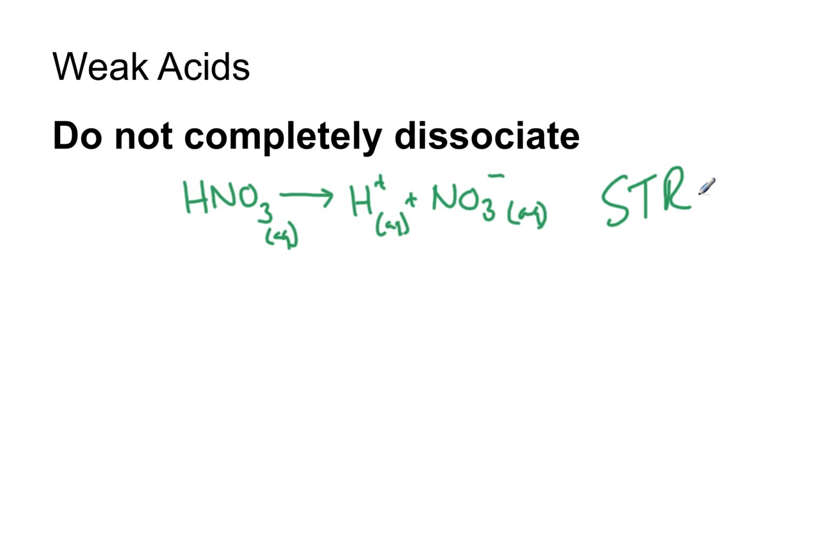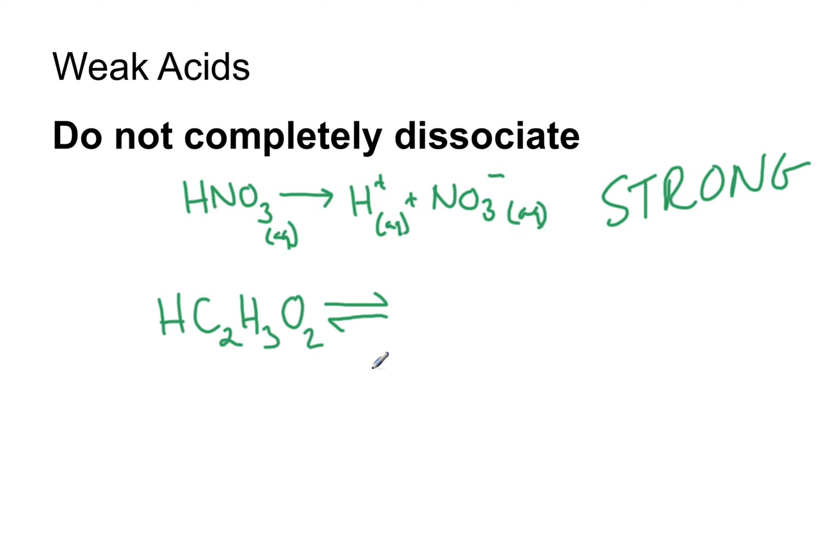However, something like acetic acid, which is the primary component of vinegar, HC2H3O2, is a weak acid, meaning that it is an equilibrium system between this form of the acetic acid and the H plus and the conjugate base of acetate.